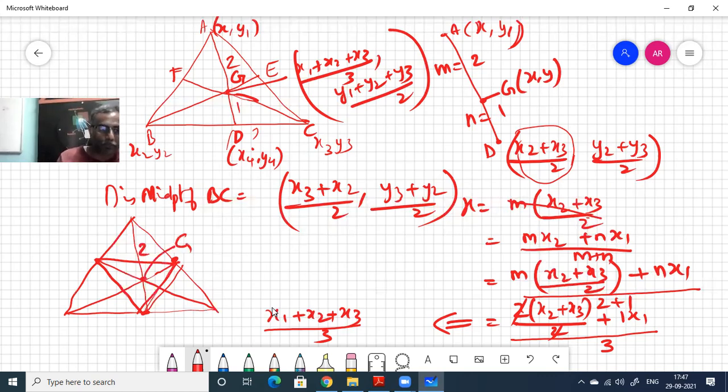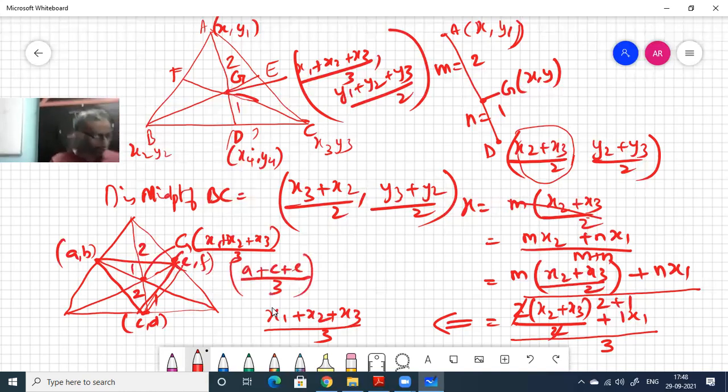Here it is in the ratio of 2:1. Here it will be in the ratio of 2:1 this way. Let us say this is A comma B. This is C comma D. This is E comma F. Then the centroid will be A plus C plus E by 3. That is also there. So that is one more property.